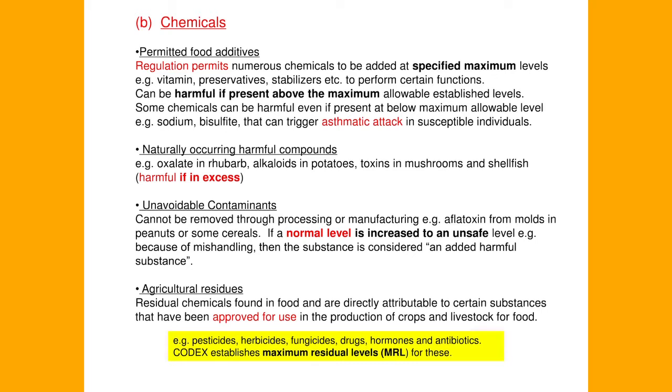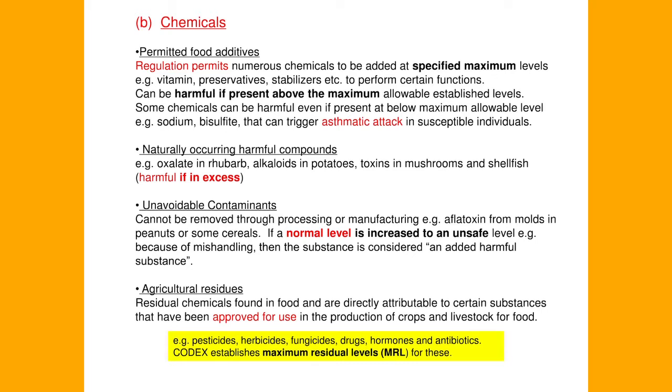But there are specified maximum levels that we must fulfill, because it can be harmful if present above the maximum allowable established level. They have done studies. They know that even though these vitamins and preservatives and stabilizers are considered safe at a certain level, after a certain level is achieved, it can be harmful.